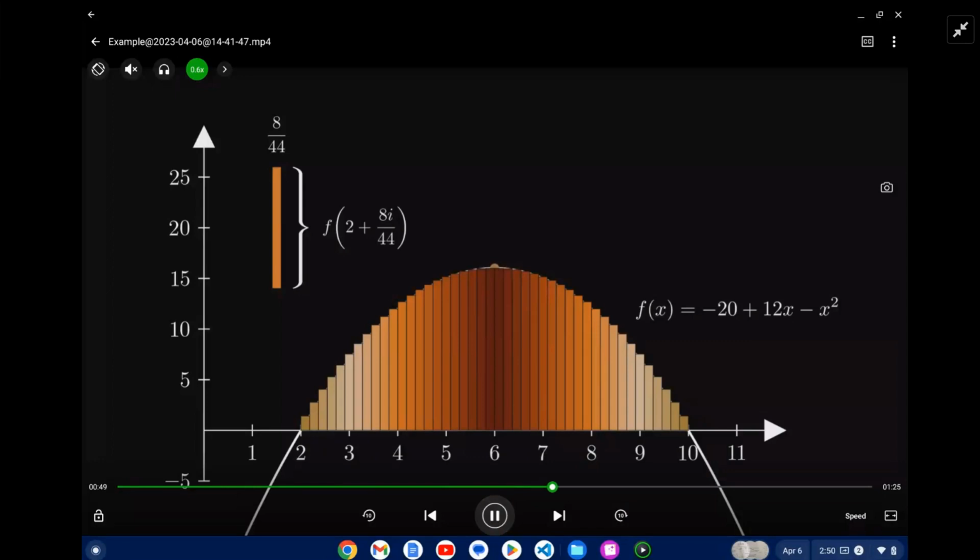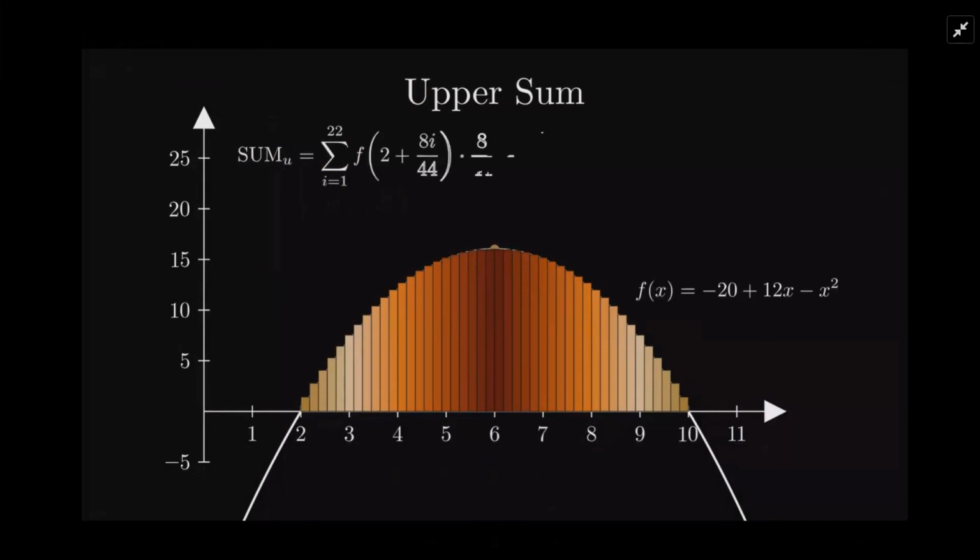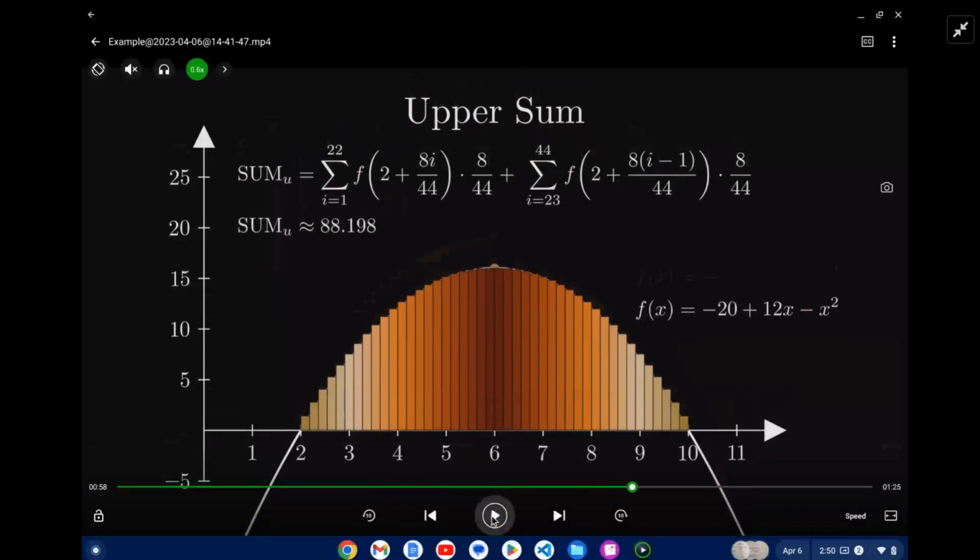Now let's look at the sigma notation for the upper sum. Okay, so we split it into 2 pieces. All right. This is from 1 to 22. So that's the first 22 rectangles. Okay. That's the left half.